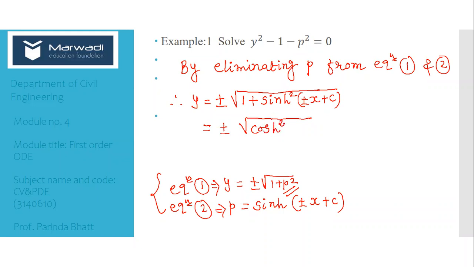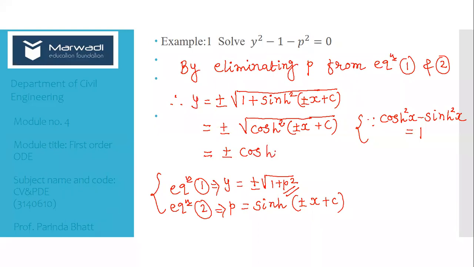Hyperbolic function relationship: remember this, cos h square x minus sine h square x equal to 1. Therefore, 1 plus sine h square is cos h square. Now apply the square root, therefore y equal to plus or minus cos h into the bracket plus or minus x plus c.